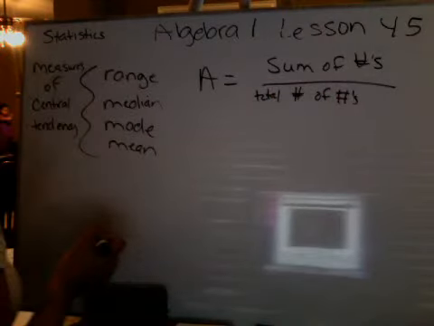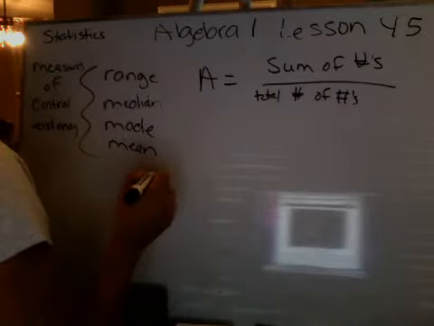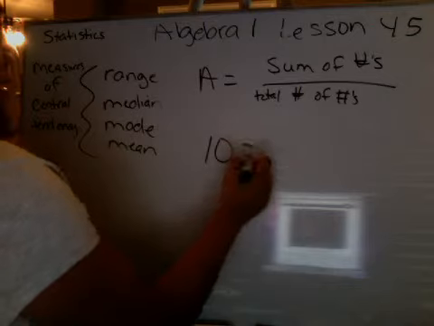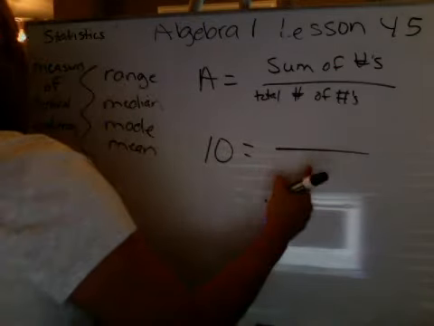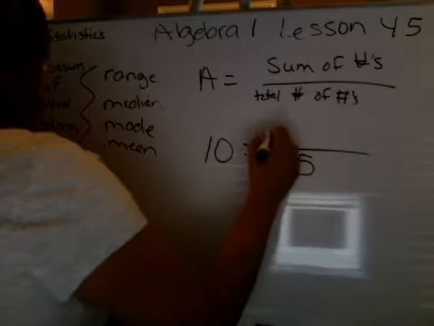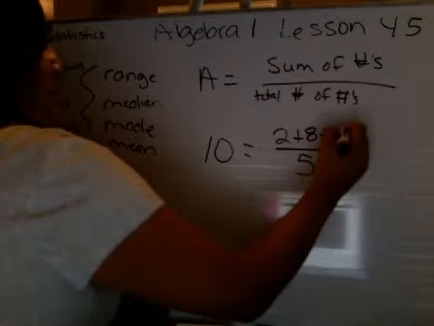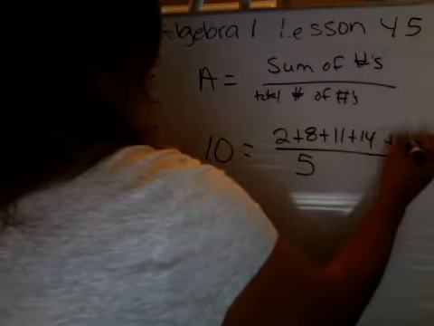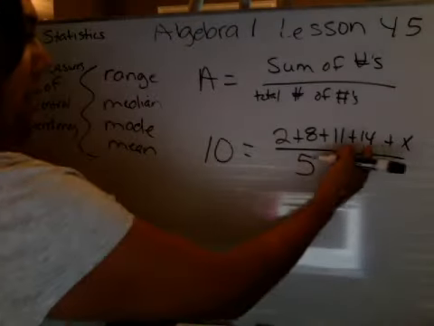Okay, so we said we have 5 numbers. They said the average is 10. So I'm going to replace A with 10. The sum, we don't know, but they said we have 5 numbers, and they said we know 4 of them. 2 plus 8 plus 11 plus 14. But we have 5, so we have to put in X. So we're just missing one number. Can we find that? Yes. Let's combine all these like terms.